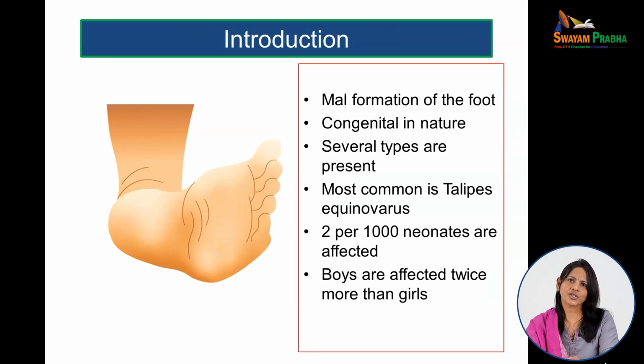So, a brief introduction of what is club foot: it is a malformation of the foot, and it is almost always congenital in nature. Congenital causes can be either maternal factors or fetal factors. When it comes to maternal factors, maternal obesity and maternal smoking are some of the very common things associated with this malformation.